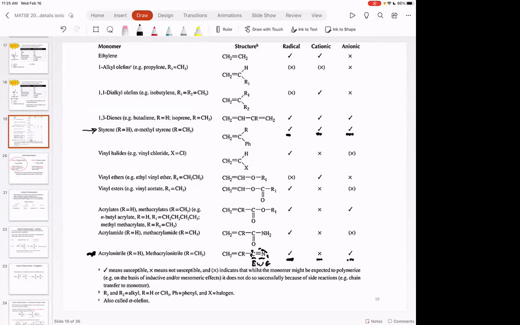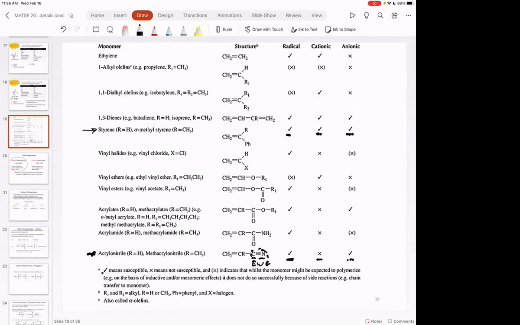You just need to know that different monomers can go by different mechanisms depending on how they're initiated. And if I give you a table like this and ask you a question about it, you need to be able to interpret it. So, you know, I might ask you some question like, which monomers can be initiated by all three mechanisms that we've learned for addition polymerization? And so you say, okay, what's the legend of the table?